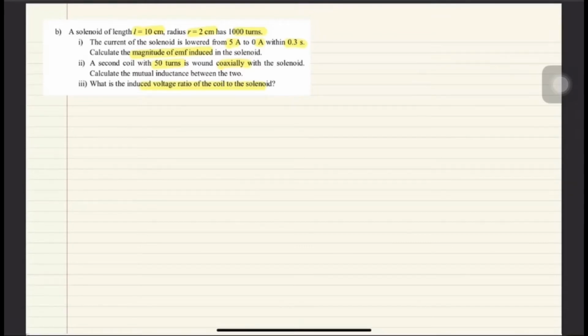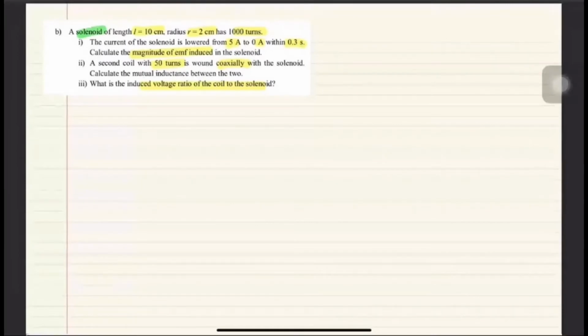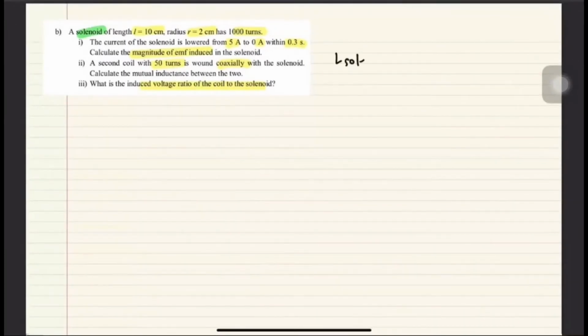So kalau macam ni dia adalah solenoid, dia cakap solenoid. So untuk solenoid, formula dia adalah L sama dengan mu0 n squared A over L. Okay. Walaupun dia tak suruh cari, you can straight away calculate this one lah. Biasanya memang macam tu. And then after that, it asks you to find the magnitude of EMF induced.